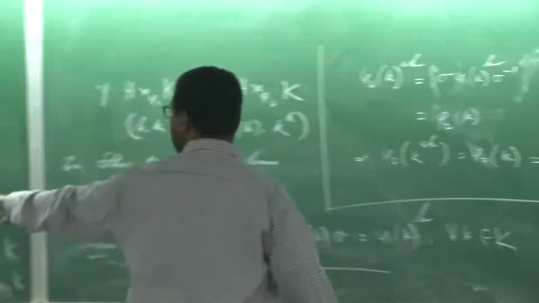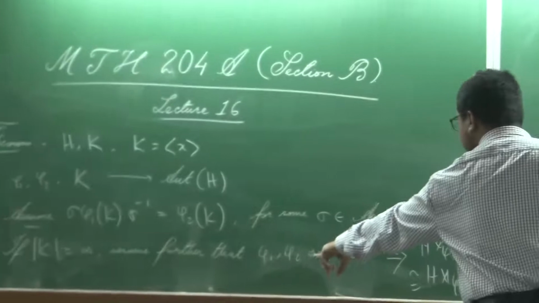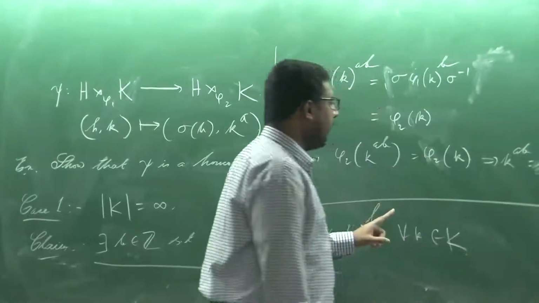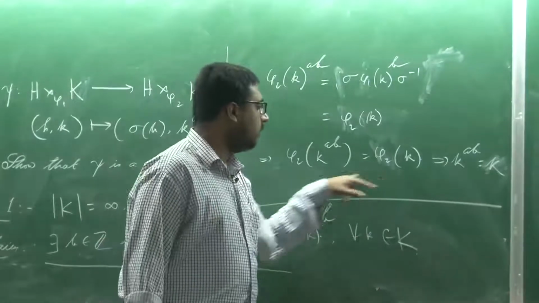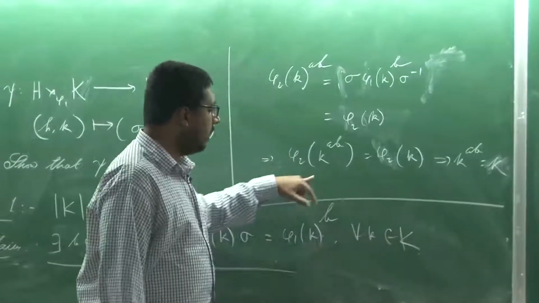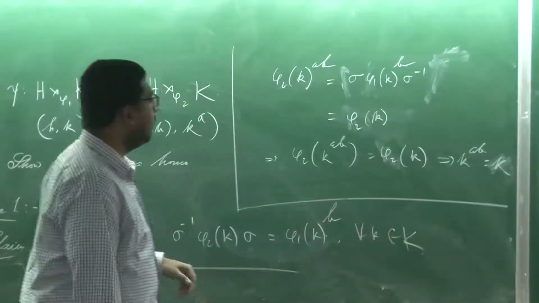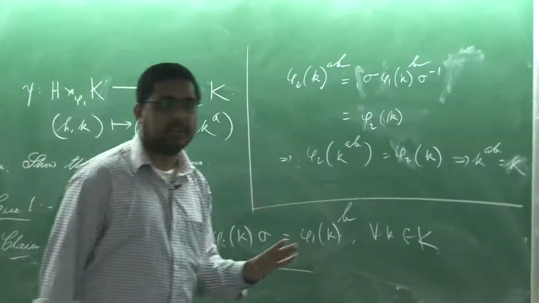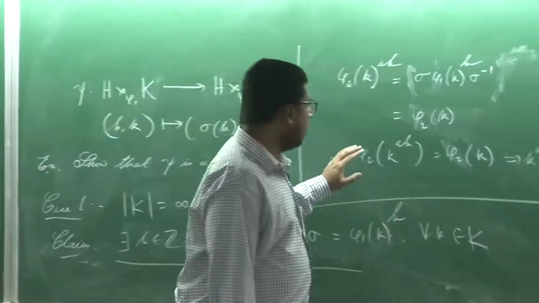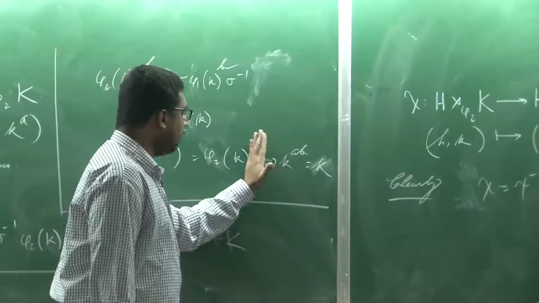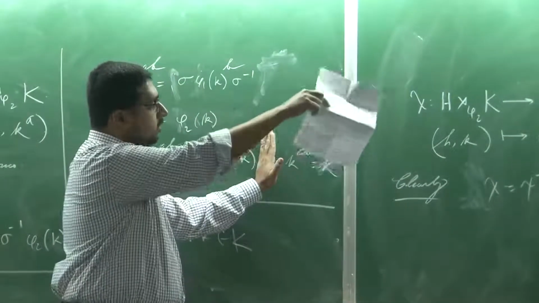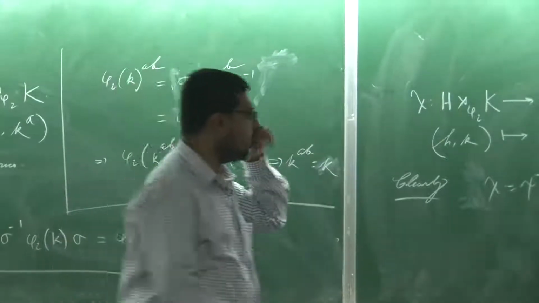The only way we have used the fact that k is infinite is here, because in that case phi 2 was injective; otherwise, up to this point everything was perfectly the same, and the same thing holds for this situation.